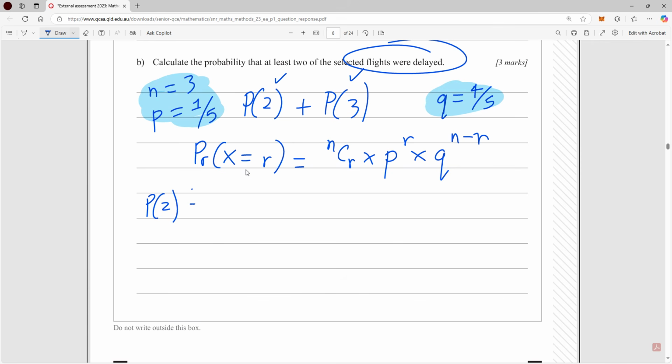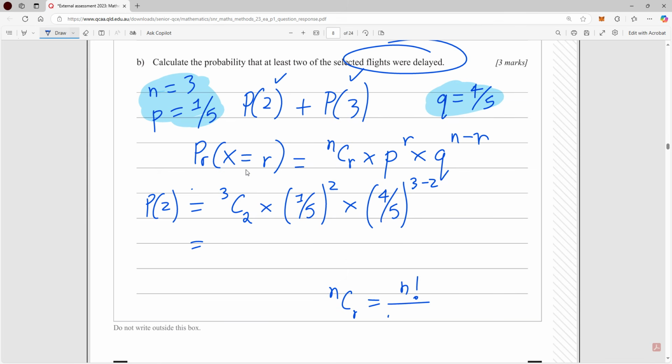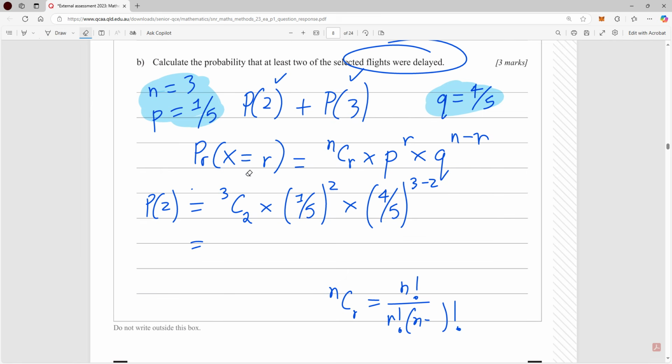So probability of 2 would pretty much be 3 choose 2 times by 1 on 5 to the power of 2 times by 4 on 5, 3 minus 2, okay? Alright, 3 choose 2, okay? So n choose r, n factorial over r factorial, n minus r factorial.